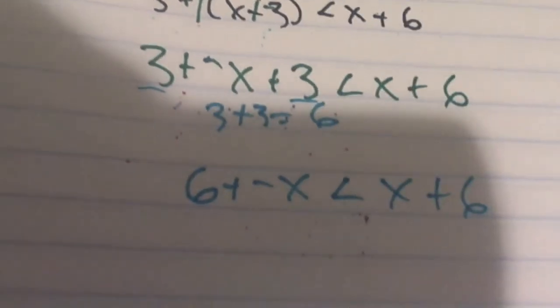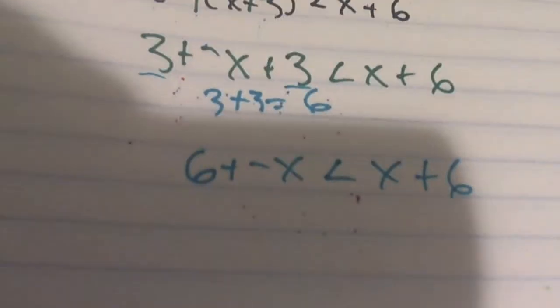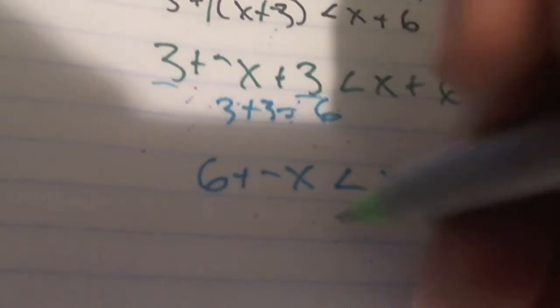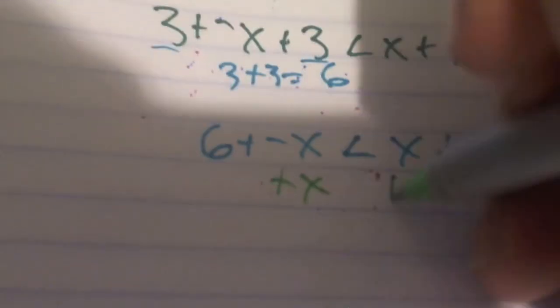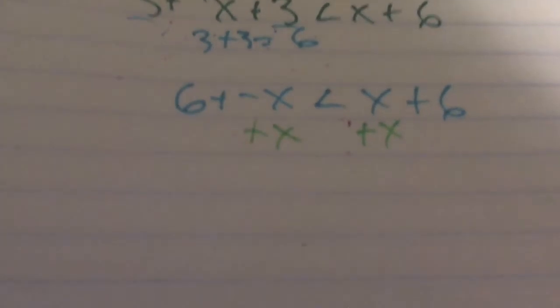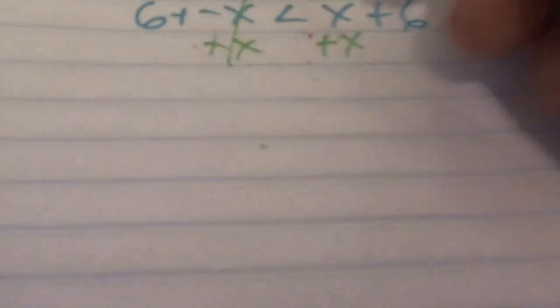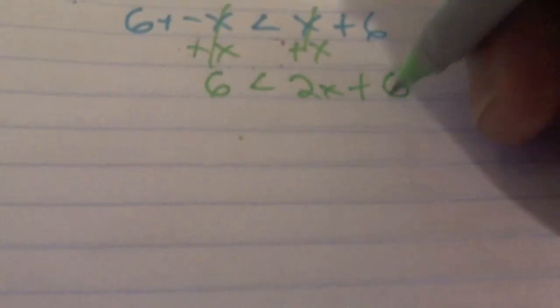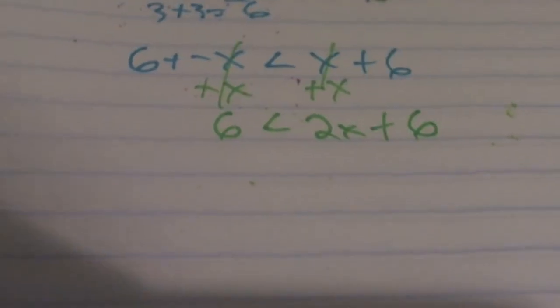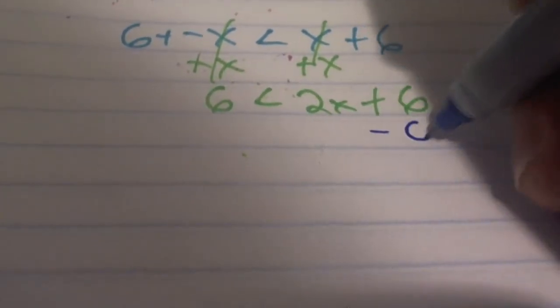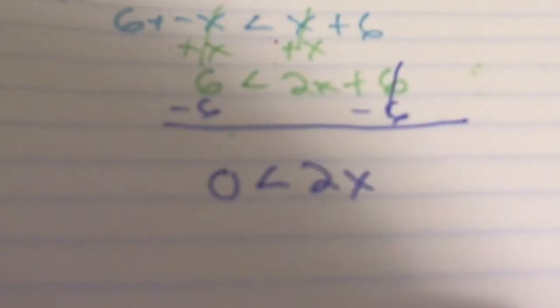Okay, we get rid of the negative x. Let's change this to plus x, plus x. So you have 6 is less than 2x plus 6. Now we get rid of the 6 by subtracting 6. So you have 0 is less than 2x.